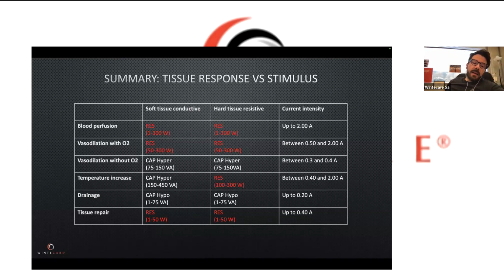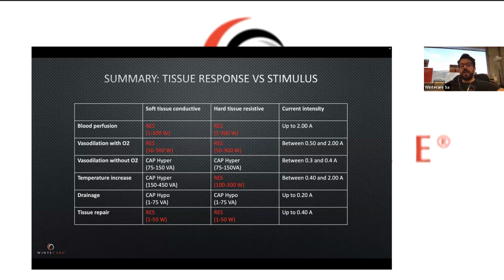I need thermal increase within soft tissue, capacitive hyperthermal electrode, okay, 150 to 450 volt ampere. Of course, the higher the power, the quicker I am; the lower the power, I will need more time. I need drainage along and around hard tissues, capacitive hypothermal electrode, okay, and so on.